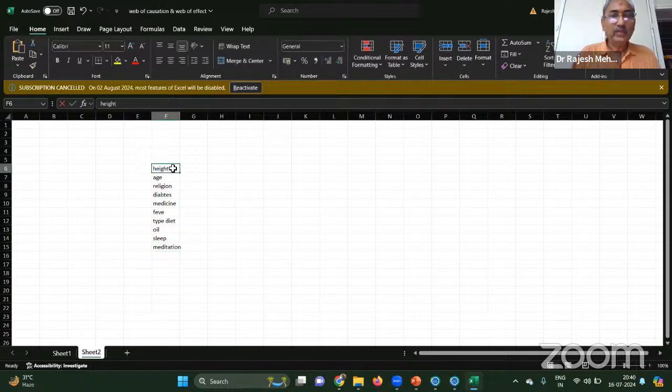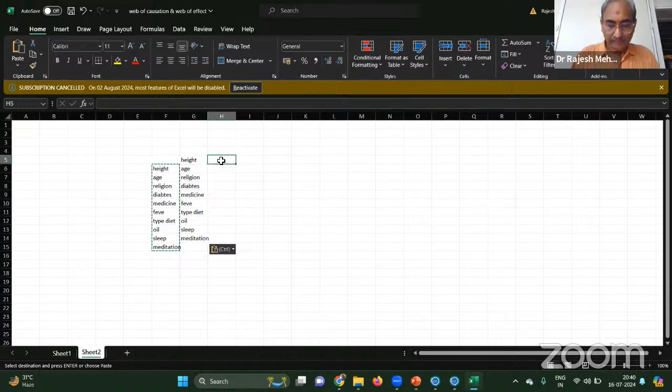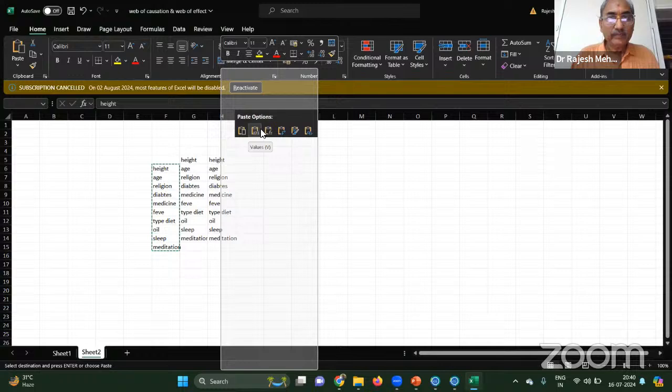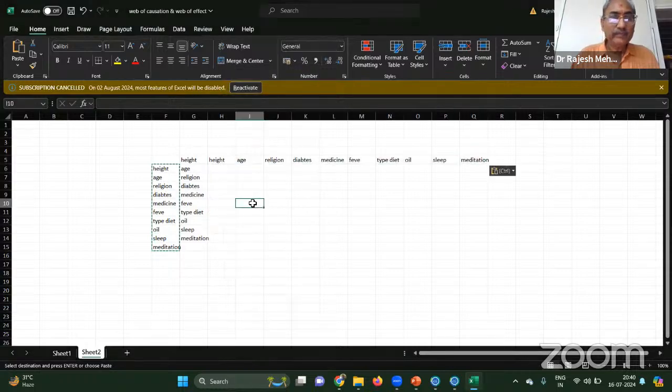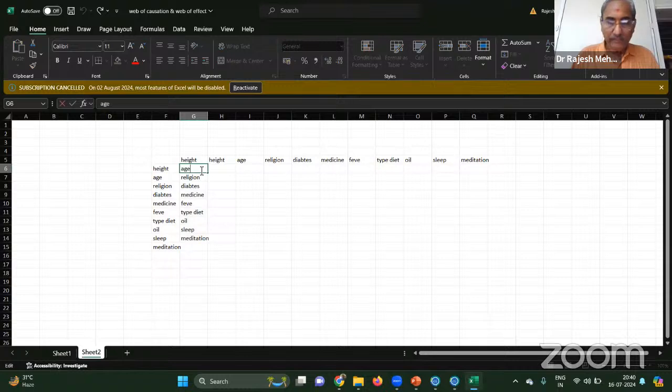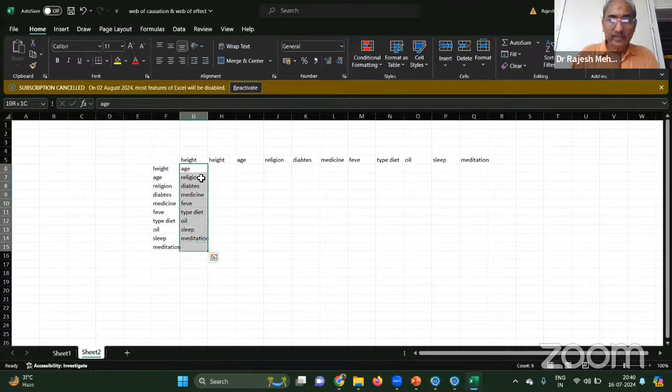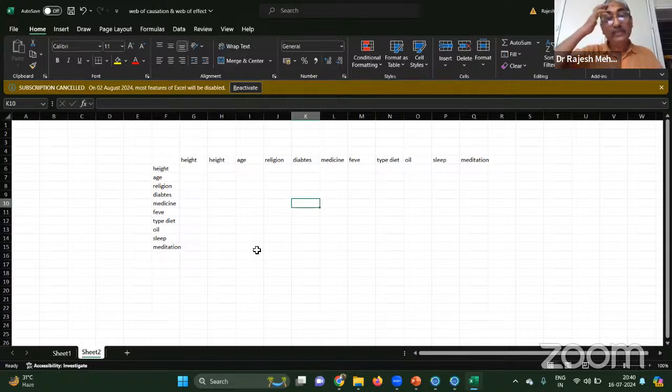Now these are 10 variables. So if you say 10 by 10, and you want to do cross tabulation here, then tell me the answer: how many tables can we have if we have these 10 by 10 variables in your dissertation? How many tables will you be able to do?